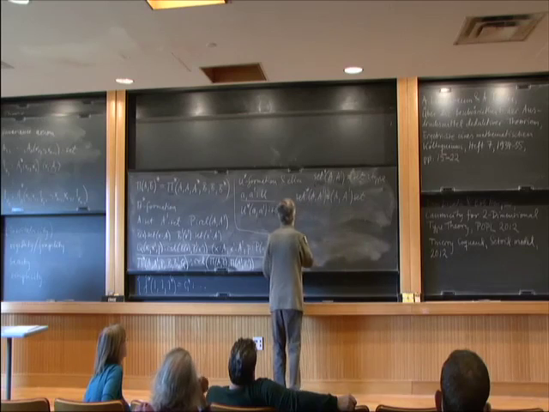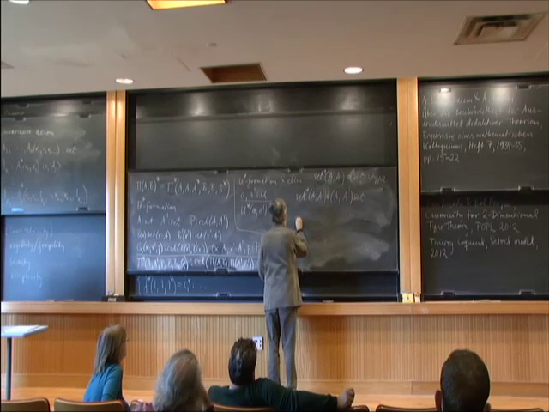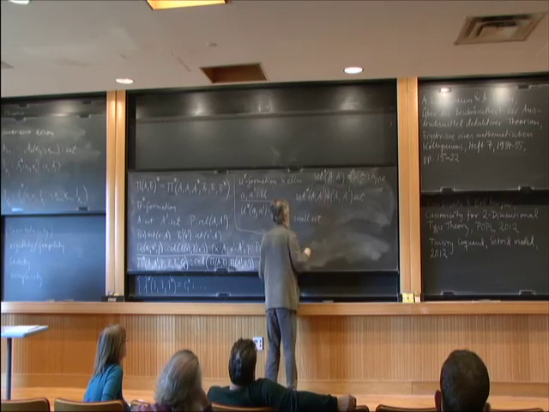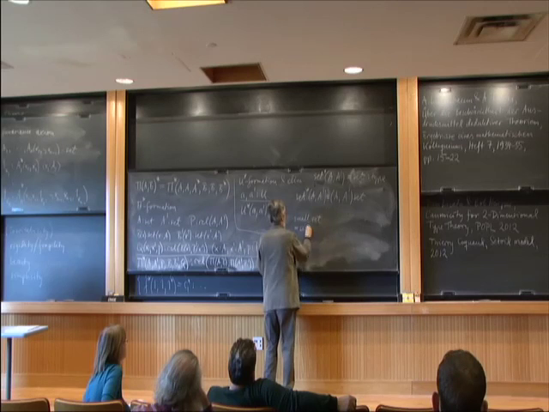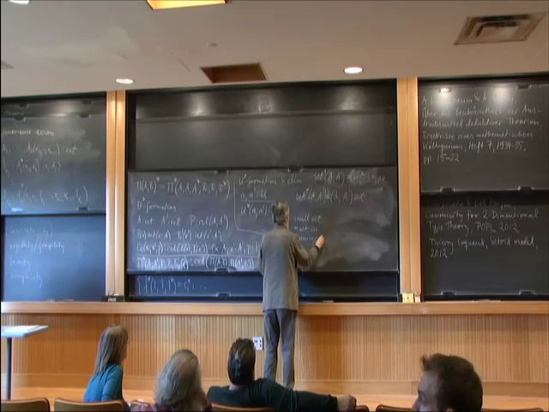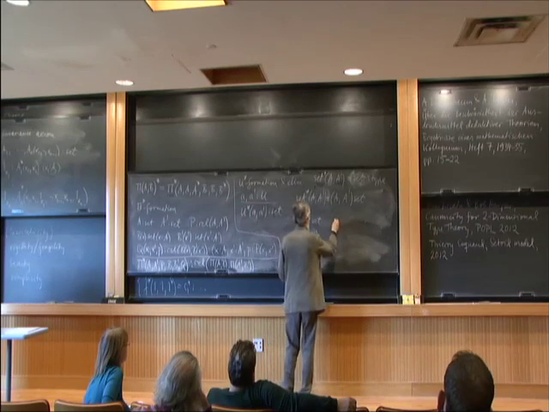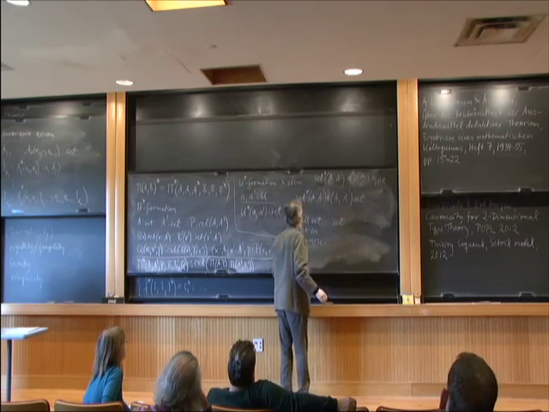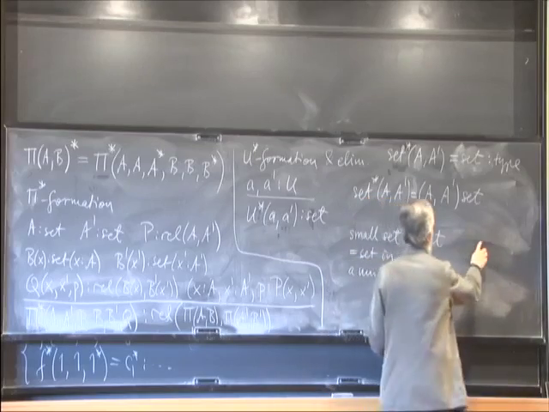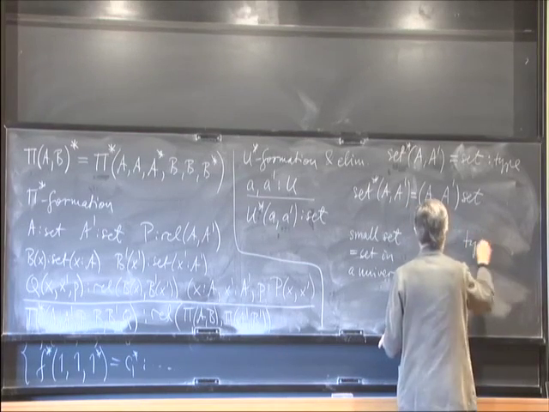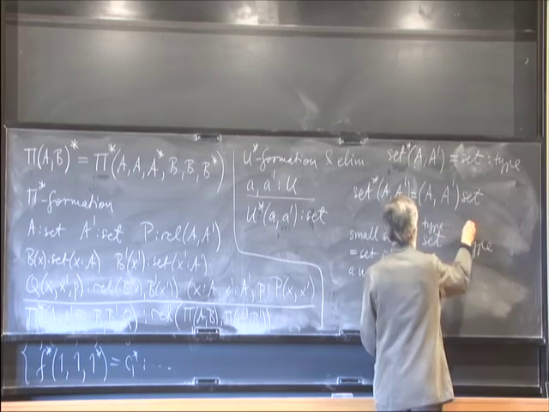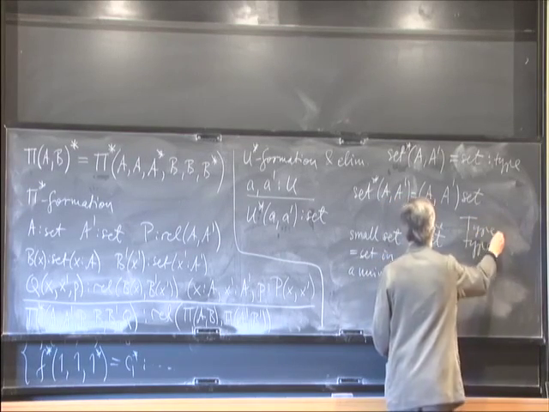That means that we have what I would call perhaps small sets, which is the same as sets in a universe. And then we have set, and then we have type over that in my terminology.